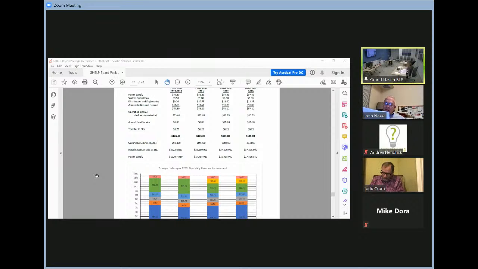Now, when that number gets bigger, typically what you do, you either extend the term out or you borrow less. So by borrowing less, we're able to shorten the term that we're making these obligations to. And I think that's what we would do going forward. But until we determine the amount of debt that we're going to issue, that debt service coverage ratio is in flux.